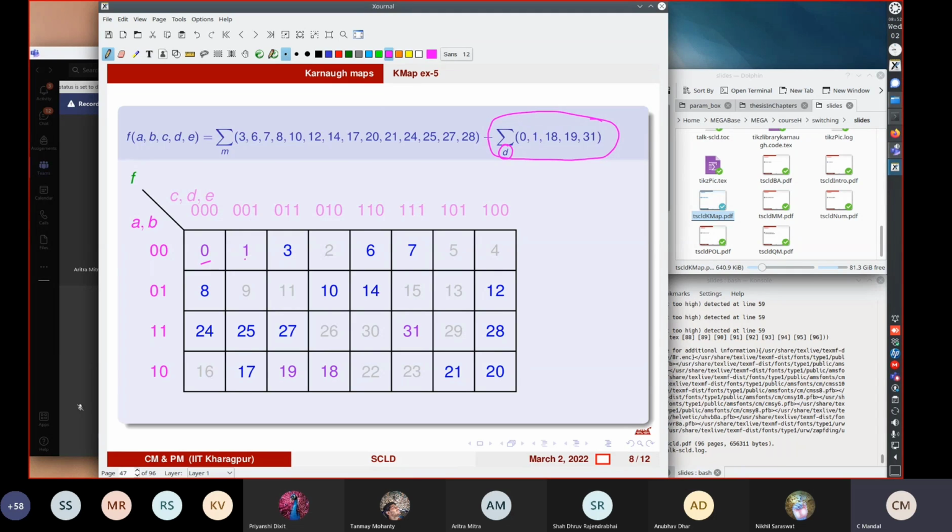Okay. These are indicated here. So these are called don't cares, and well, these are the essential terms or care terms, if you like.